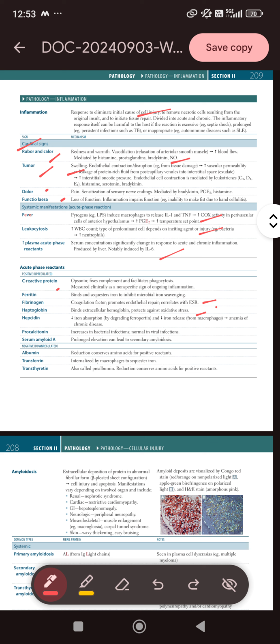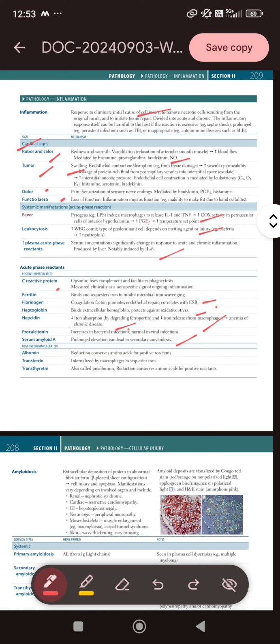Hepcidin decreases iron absorption by degrading ferroportin and decreasing iron release from macrophages; anemia of chronic disease. Procalcitonin increases in bacterial infection, normal in viral infection. Okay, serum amyloid A. Prolonged elevation can lead to secondary amyloidosis.